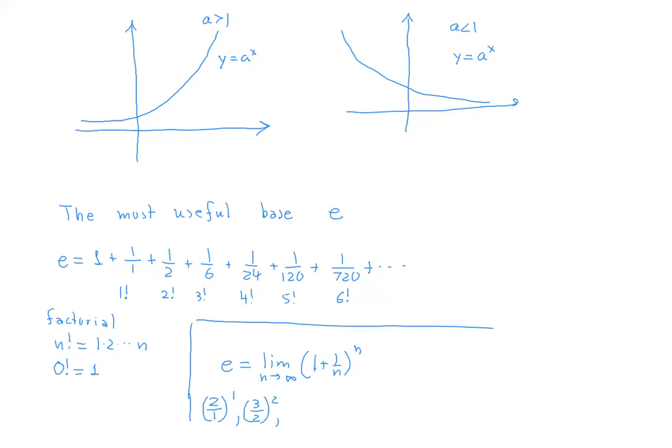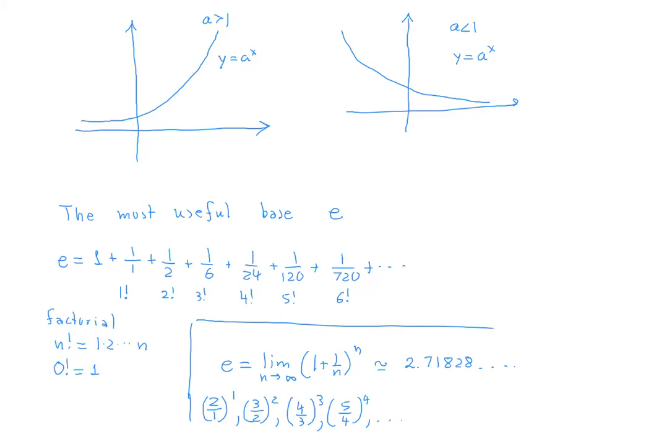If you take n equals 3, you will get 4/3 to the third power. Then you will get 5/4 to the fourth power, and so on and so forth. If you compute these things, you will see that little by little, the decimal digits of the number e emerge. e is approximately 2.71828, and it keeps going like this.